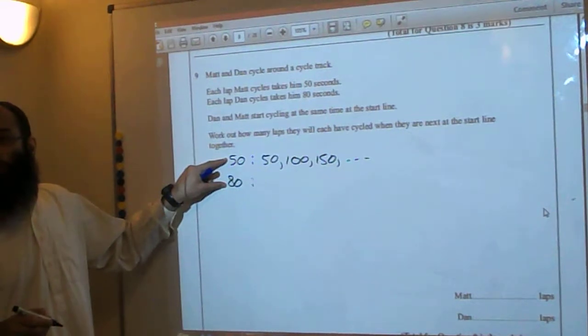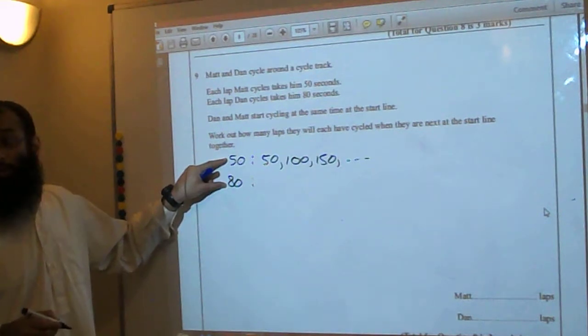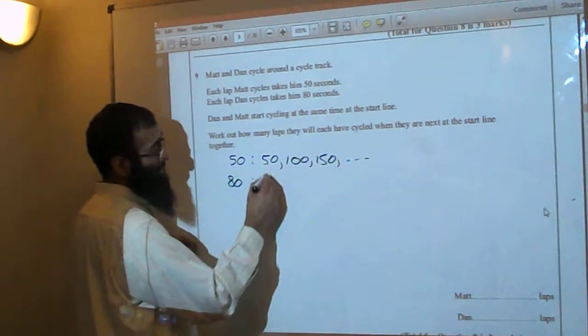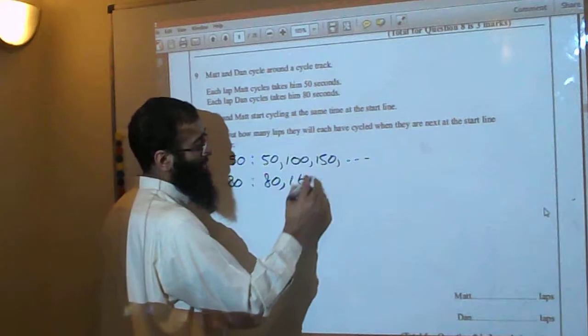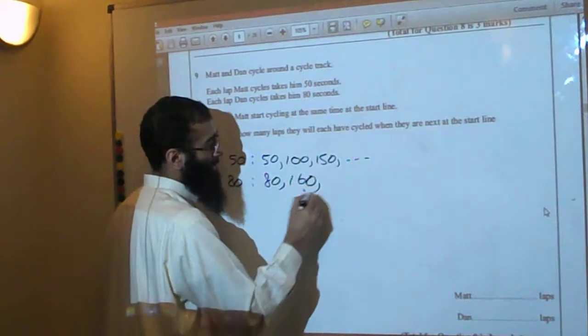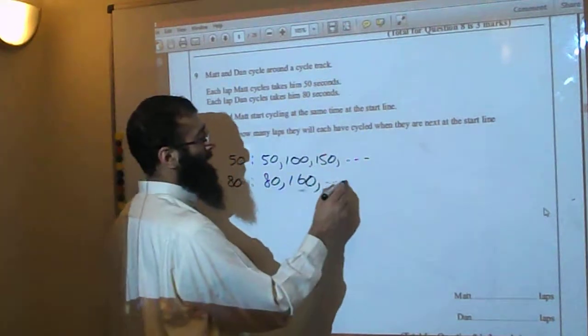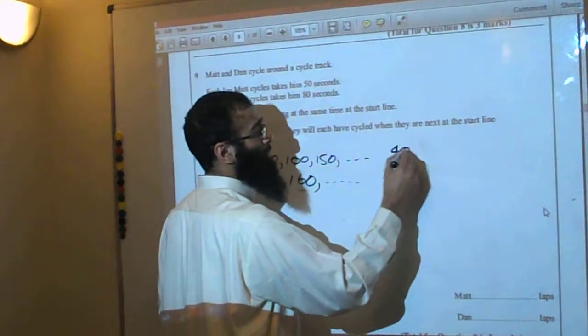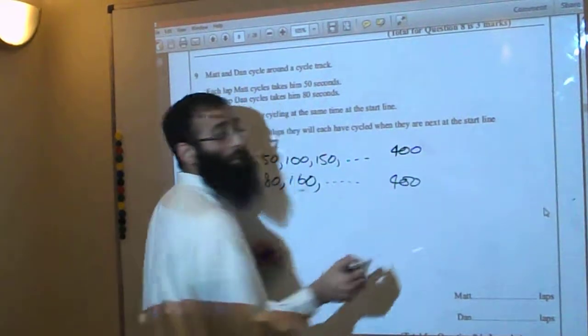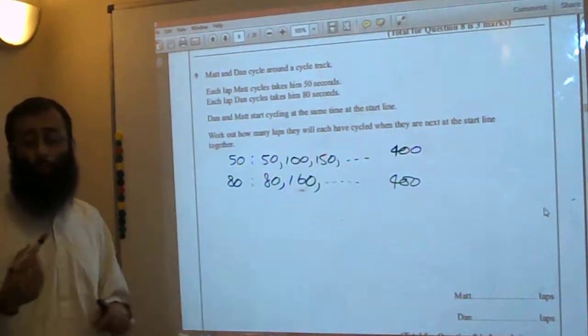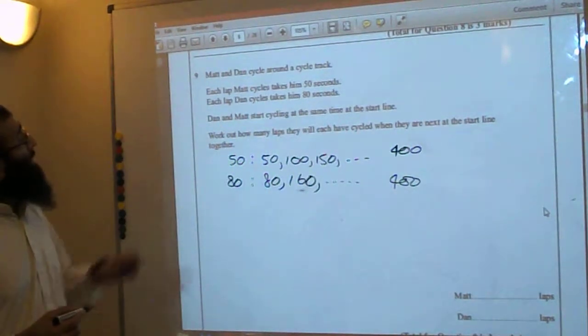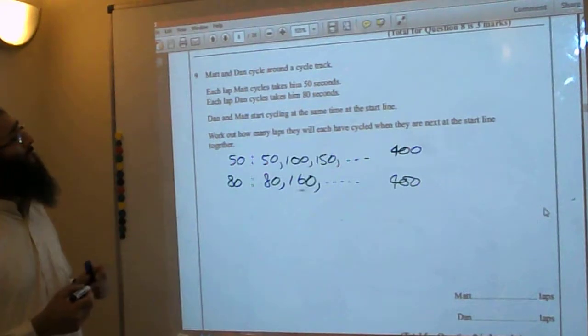The lowest common multiple of 5 and 8 is 40. Because it's 50 and 80, it'll be 400 instead.